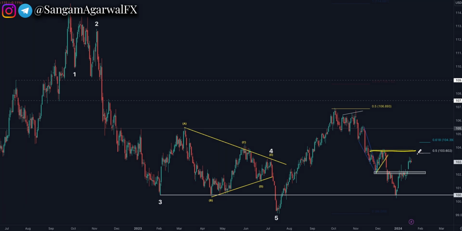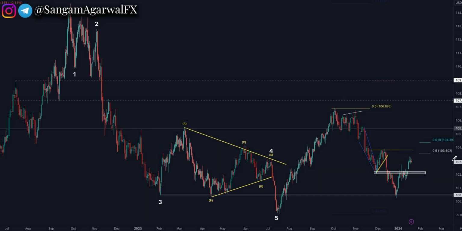Now, the next big resistance is near 103. That is the 50% retracement from the upside. So this entire area from 103 to 104 is your resistance zone, and 102 is your first support zone.